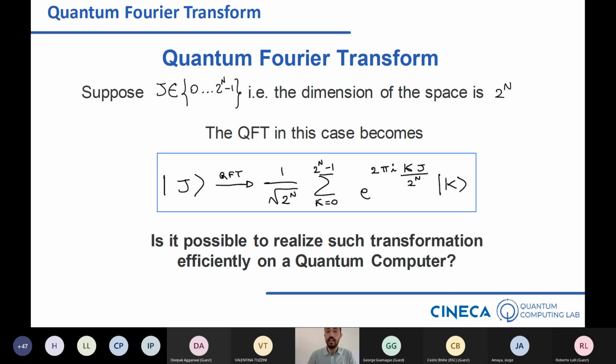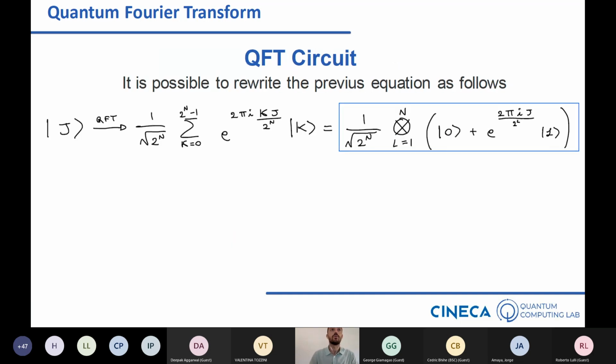The answer is yes. It's possible to prove that the quantum Fourier transform can also be represented in this way.